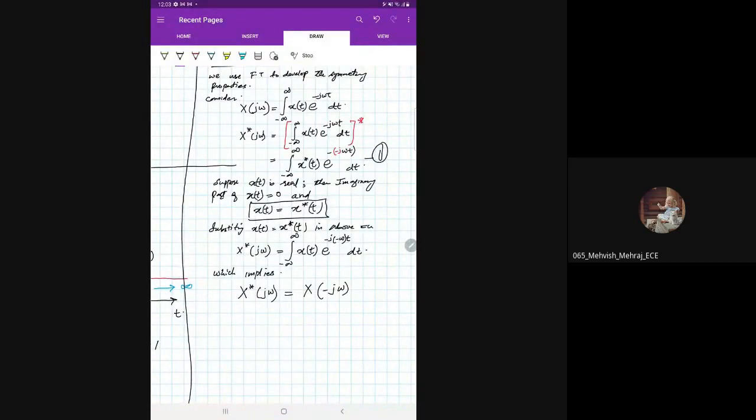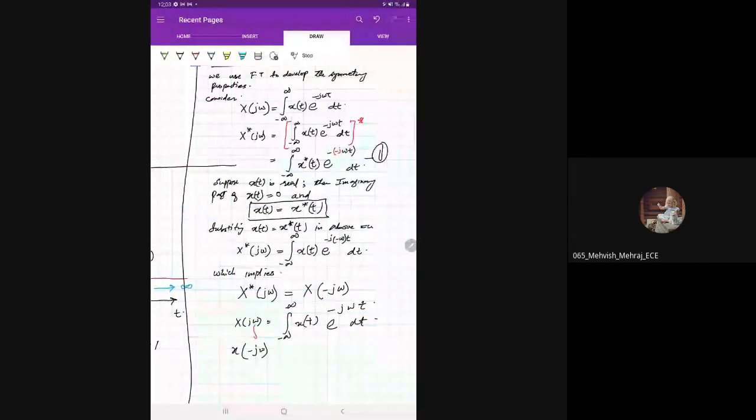Now see, वो इसलिए मैं कह रहा हूँ because x of j omega is equal to the integral from minus infinity to plus infinity of x of t e raised to power minus j omega t dt. ठीक है, तो x of minus j omega किसके बराबर होगा? वहां omega will be replaced by minus omega.